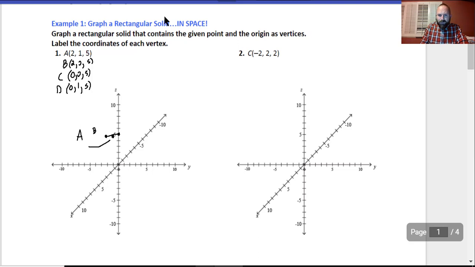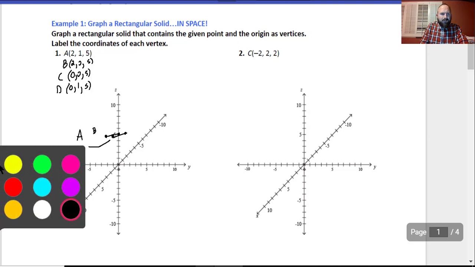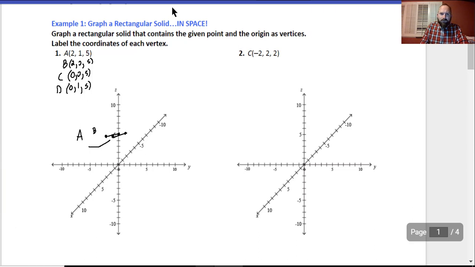And so this is going to go right there. And this goes over there. Maybe if we used a different color. Now it is going to go straight down. Like E is going to be, so let me write this in. E is going to be 2, 1, and 0.